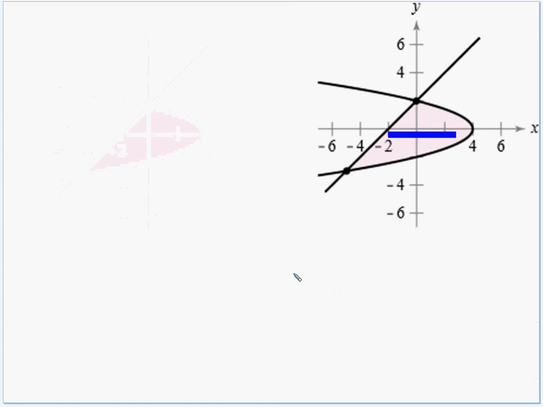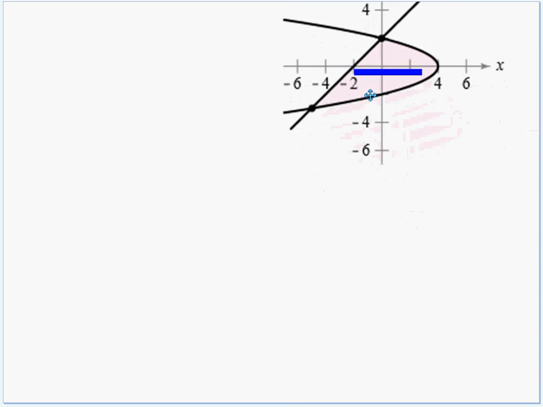So, just move this up a little bit. And like I said earlier, we should pull this off with a single integral. So now we're going to the y-axis. So let's see here. Down at the bottom, our lowest y value is negative 3.